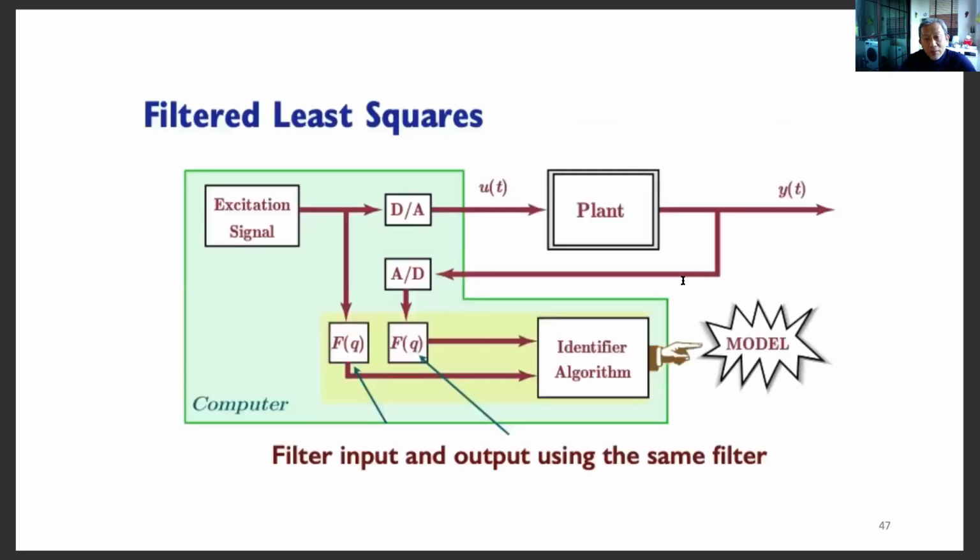So in the block diagram we add some more between the A to D, D to A, and identifier algorithm, where we apply filter F(q) at the input and at the output. And this is all done using computer programming, because we cannot do it manually.